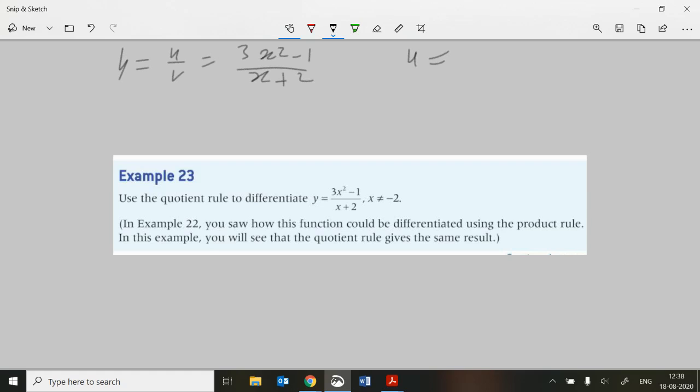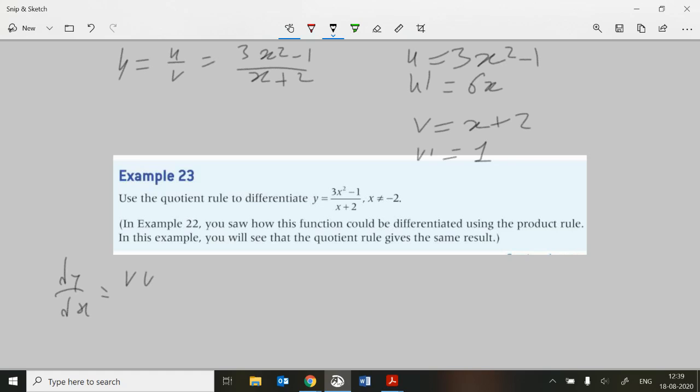Now, in an exam situation, I would probably just write out these functions really clear, come up with a box for yourself, and then say u dash is equal to, what do we got, 6x there. We've got v dash here is equal to 1. And then I would write down the formula. So our y dash, our dy/dx.